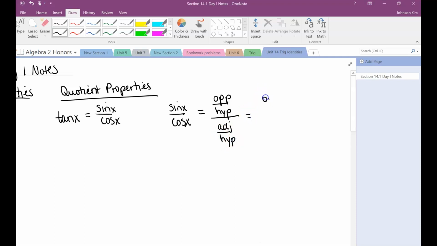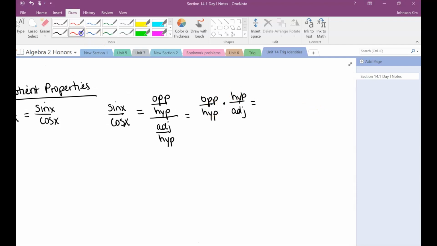I know that I can rewrite division as multiplying by the reciprocal, so I'm going to multiply by the hypotenuse over the adjacent side. The hypotenuse sides are going to divide out, and I'm going to end up with just the opposite over the adjacent side. And that is tangent. So sine of x over cosine of x is equal to tangent of x.